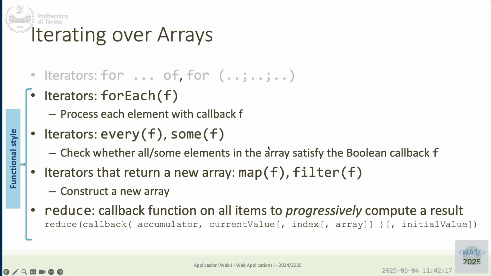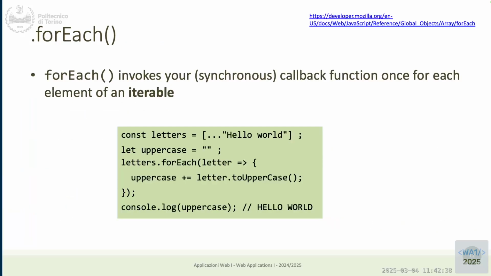And so, what are the methods that are already defined, and then later on we will learn how to define our own for other data structures, on arrays. Basically, we have these 5 methods, plus 1: forEach, every, some, map, filter, and reduce. How do they work?